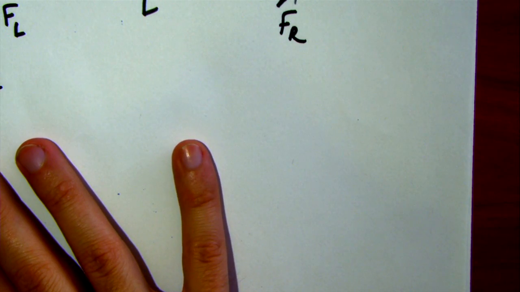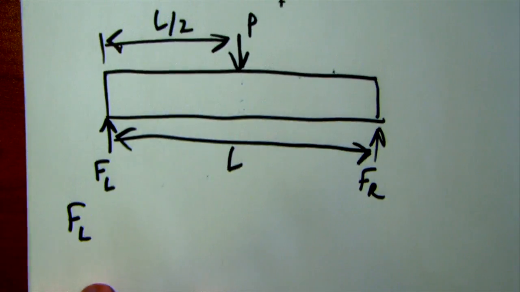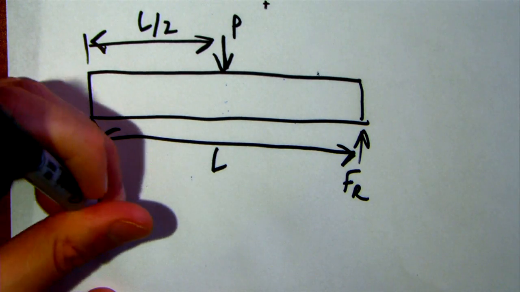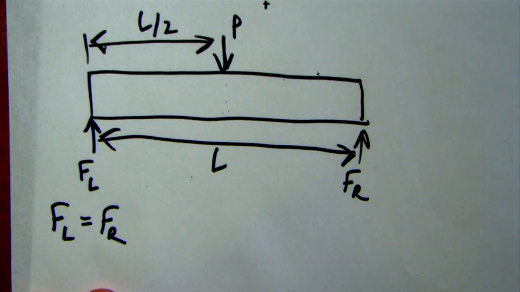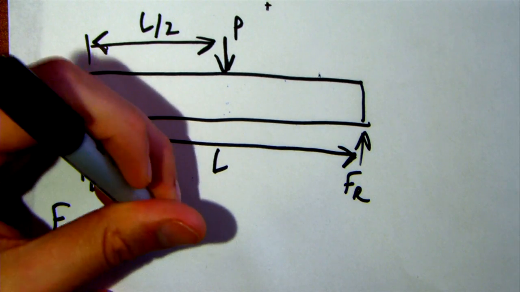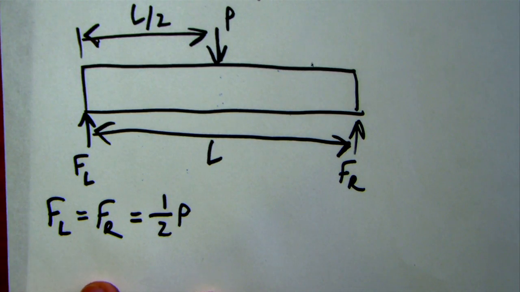We did our summation of moments, summation of forces. FL and FR will be exactly the same because they're equally spaced from P, and they equal 1/2 of that applied load.